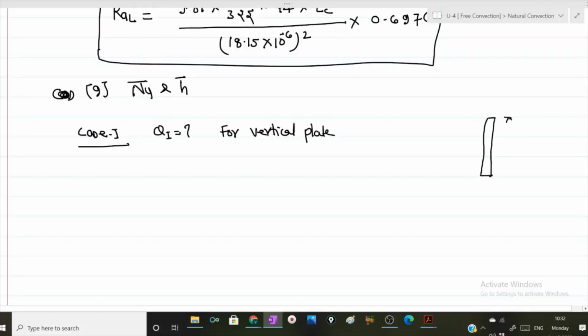Its height is h. It is insulated from one side and losing heat from the other side at the rate Q1. Surface temperature is Ts, surrounding temperature is T infinity, and Ts is greater than T infinity.